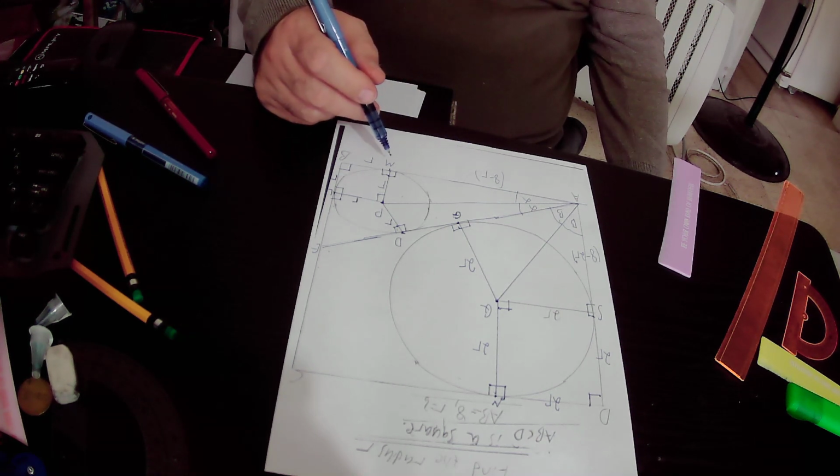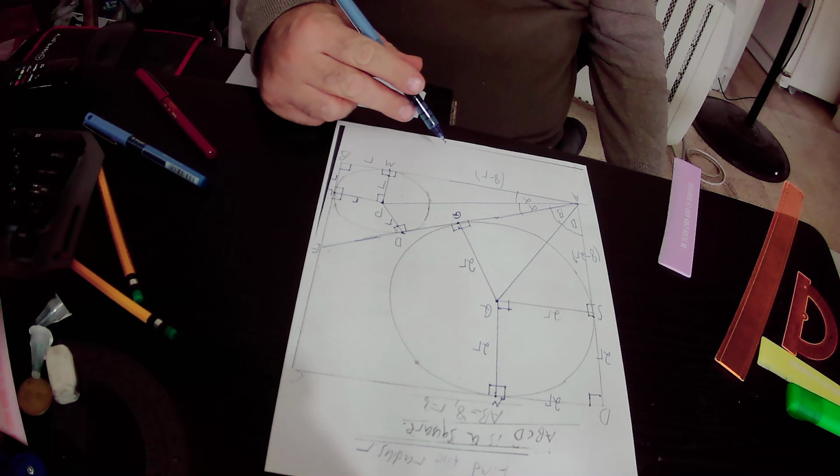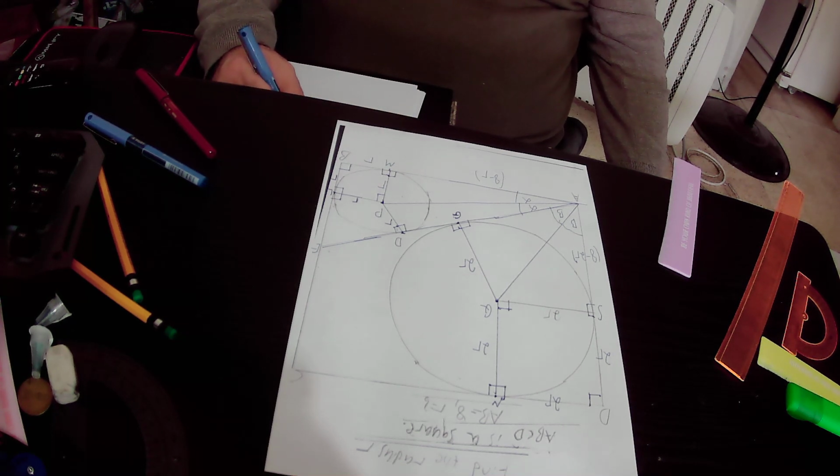That is to say, it equals PM over AM. Again, tangent alpha equals PM over AM.